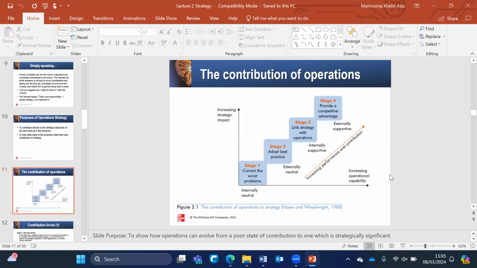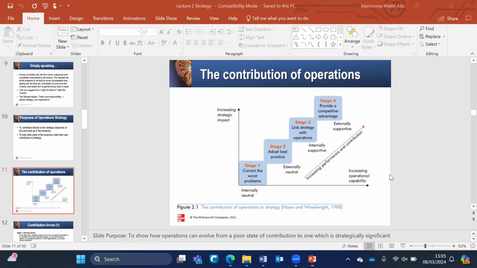Now, if we look at this graph, we can see that on the x-axis there is increasing strategic demand, and on the y-axis is internal operational capability. So we can see stage 1 is correct the worst problems. This means the contribution of the operations department here is close to none. They are barely able to correct the worst problems in the business, and they are not really contributing anything towards the strategy.